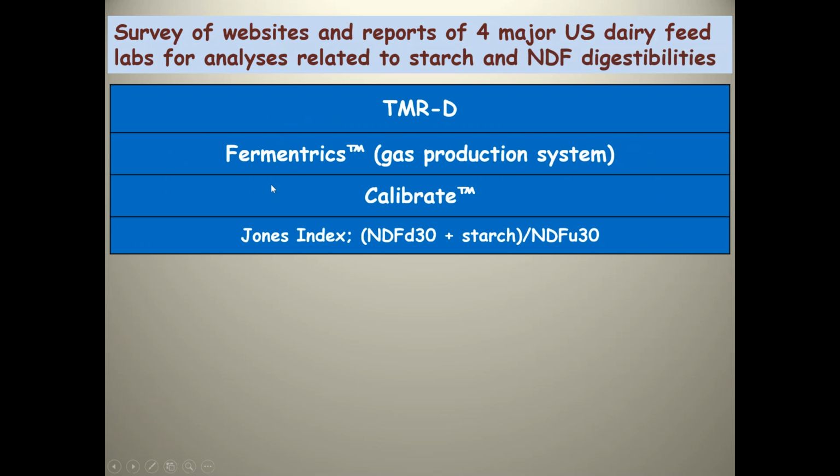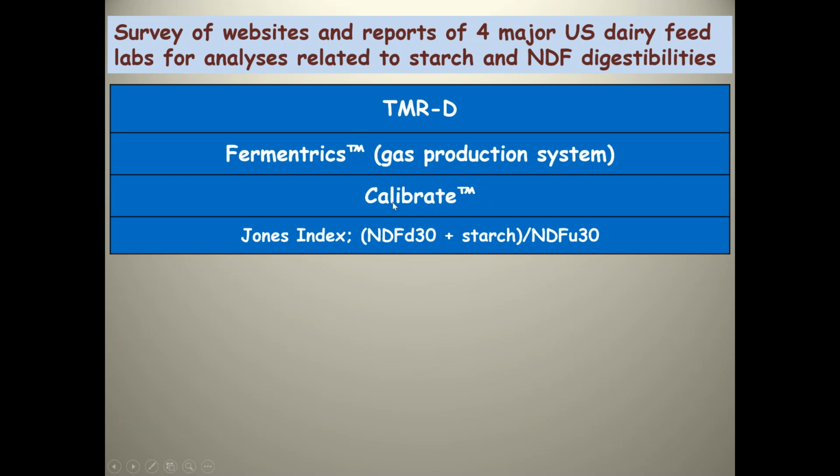And then lastly, just a quick slide for assays that may show up that can be requested that really take into account both starch and NDF together. TMRD was developed by Dave Combs and John Goeser. And so that's one where you can sample manure as well as the TMR and come up with an estimate of nutrient digestibility. I mentioned the Fermentrix that comes out of Canada. That's the gas production system, and it's being used and promoted most heavily by the Pioneer DuPont group.